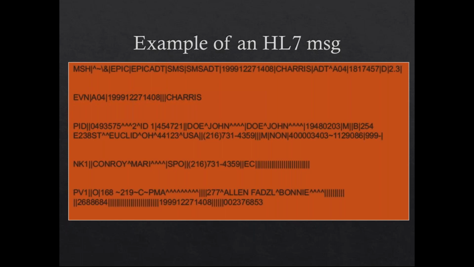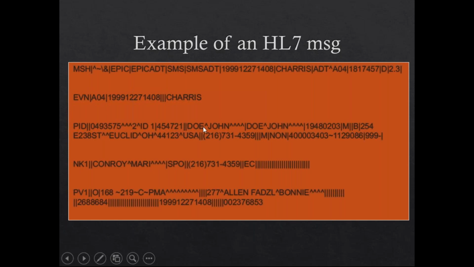Again, the name can be broken down into components, which is first name, last name, middle initial, etc. So the entire name is called a field, and the first name and last name are broken down further, so they are called components.